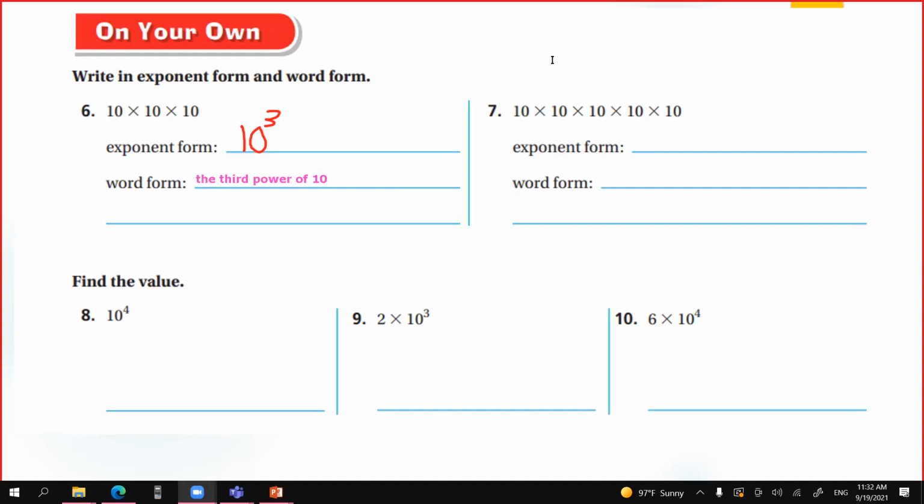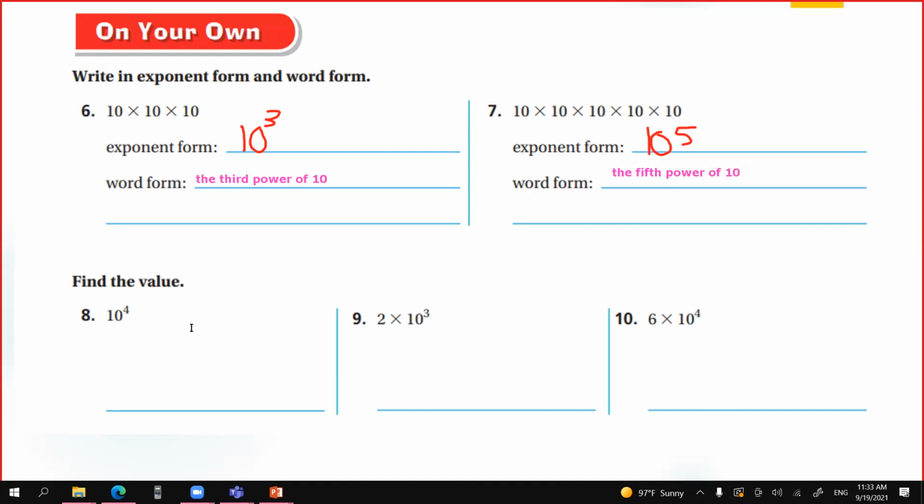How can you write it in the exponent form? With 5, thank you, because 10 here is repeated 5 times. How can you write it now in the word form? Bravo, the 5th power of 10. Thank you.